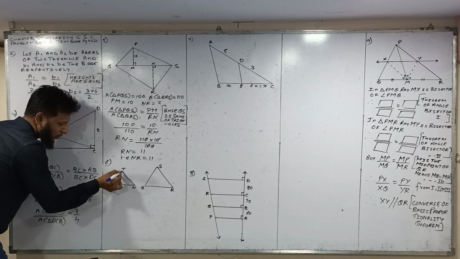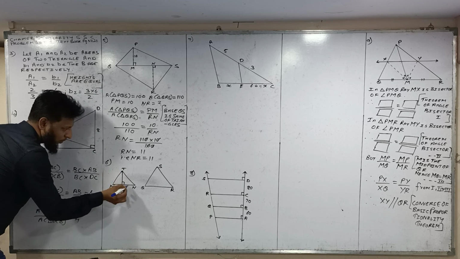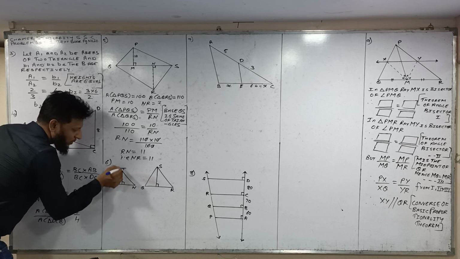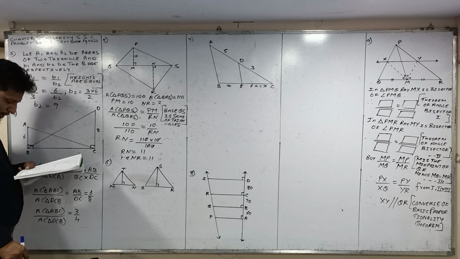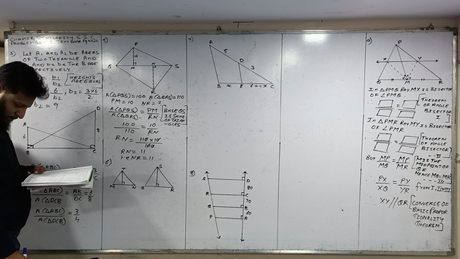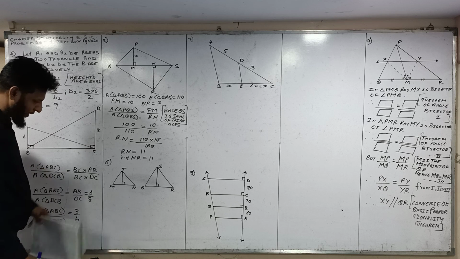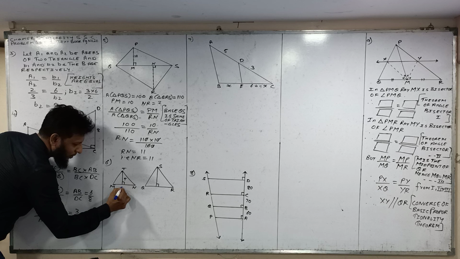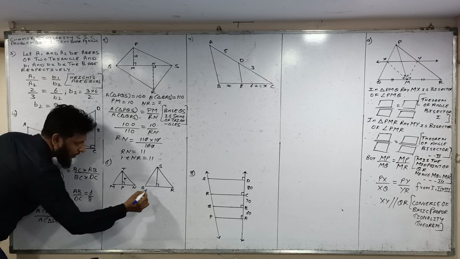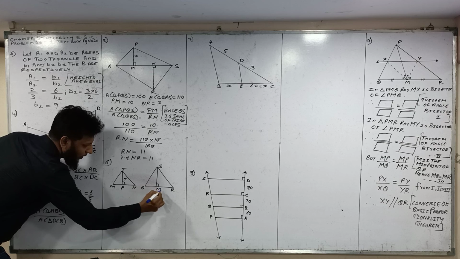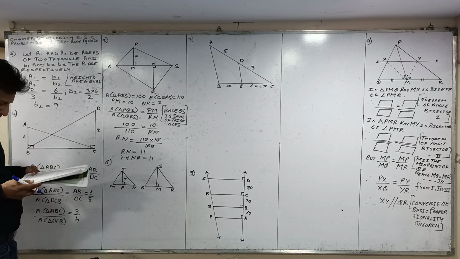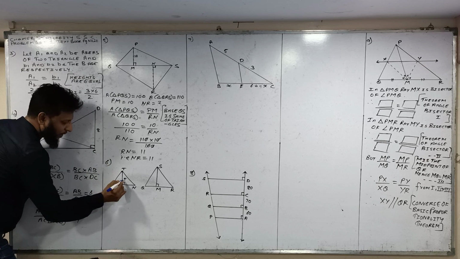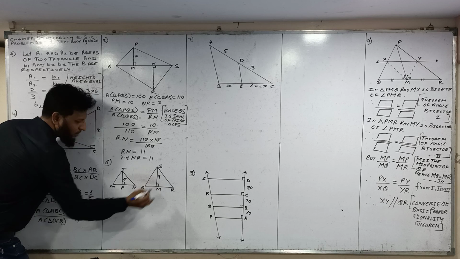Okay, the perpendicular drawn from T. Altitude means perpendicular line. So this height is drawn from T and S. For this height you can write TP and SM. Okay, so we will give some name to the height. So height of this triangle is 5 and height of this triangle is 9.